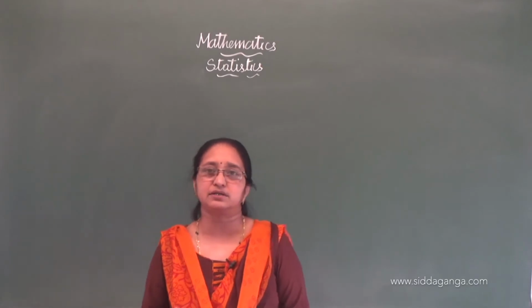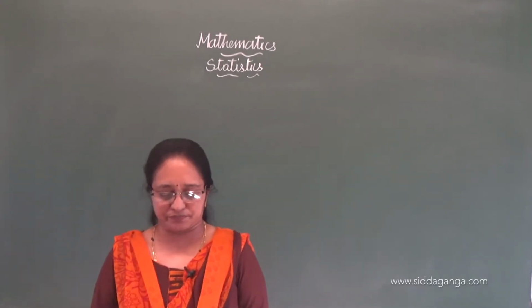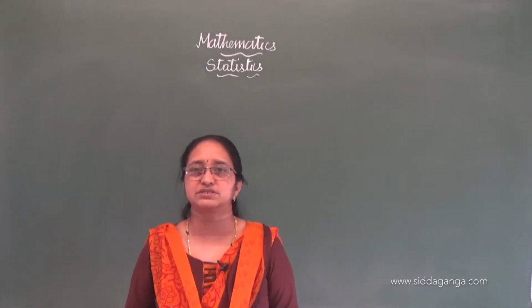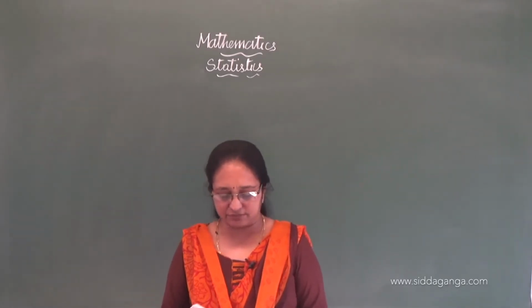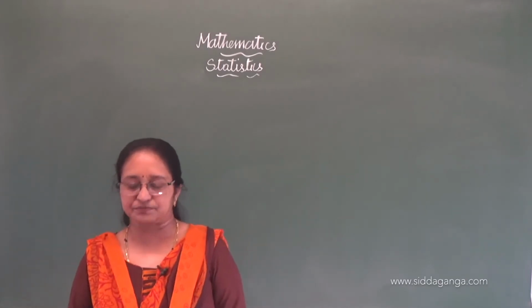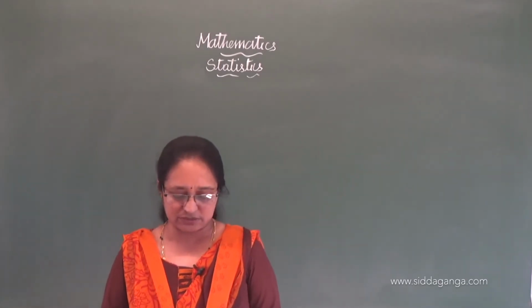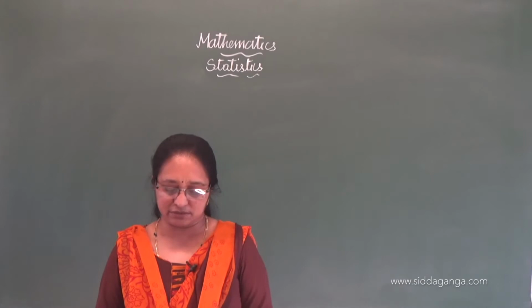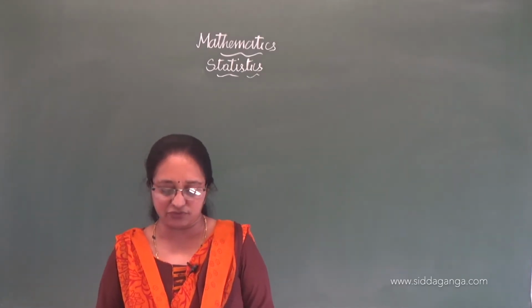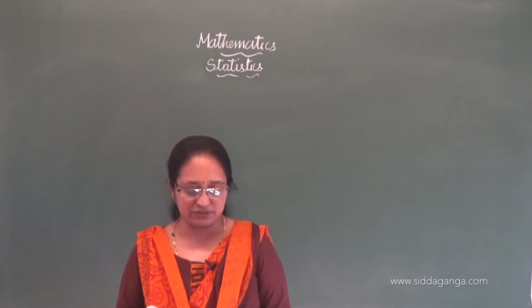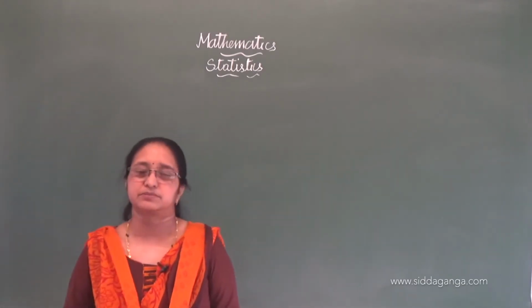How many surnames are there? 6. 4 to 7 means between 4 to 7 letters, 30, 7 to 10, 40, like this. So, this is one survey they have conducted, and it is collected data from the telephone directory, and the frequency distribution also they have given.